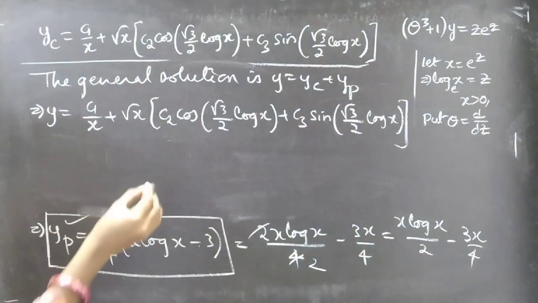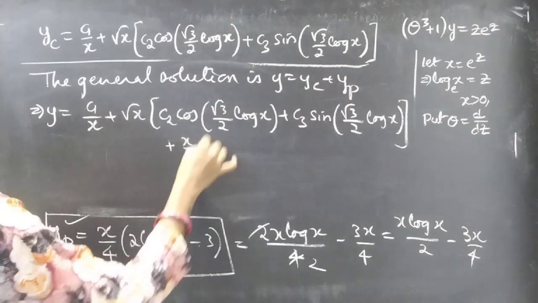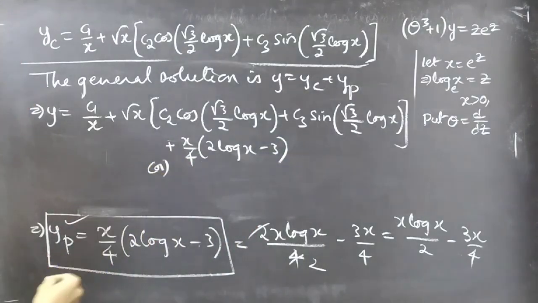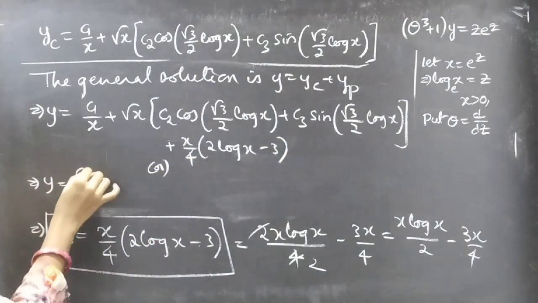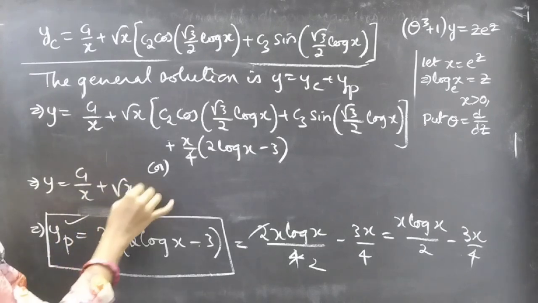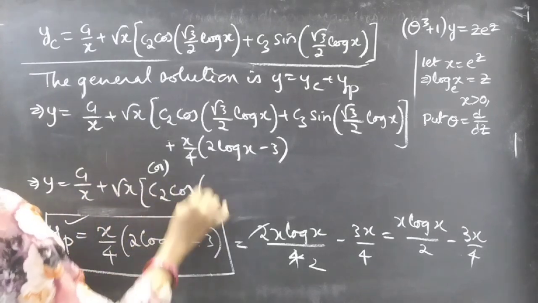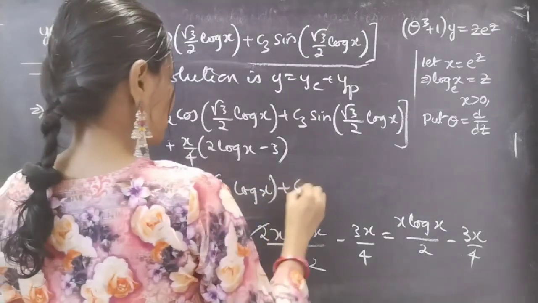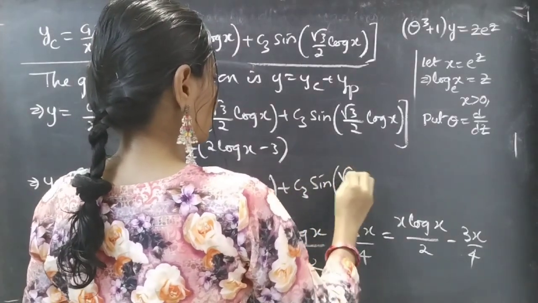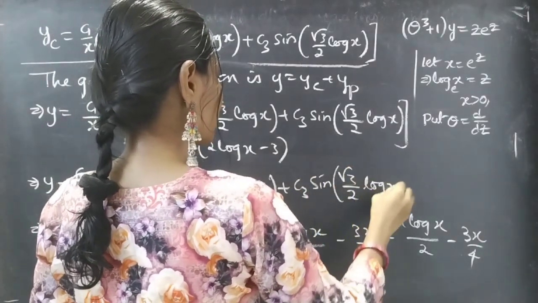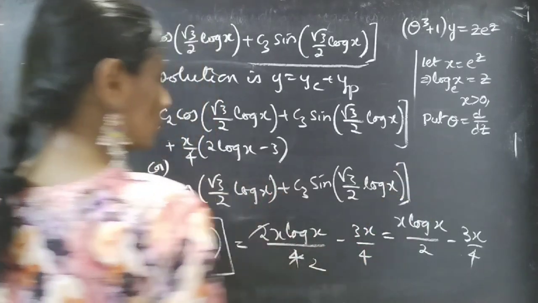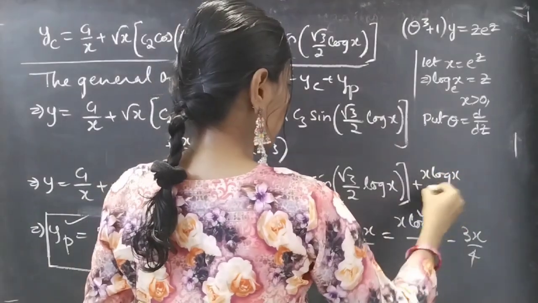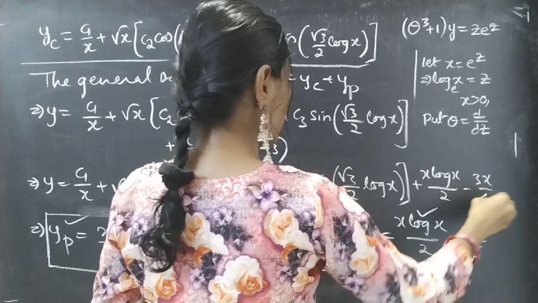So firstly I'll write for this, plus x by 4 into 2 log x minus 3, or y equal to c1 by x plus root x into c2 cos of root 3 by 2 log x plus c3 sin of root 3 by 2 log x plus yp, which is x log x by 2 minus 3x by 4.